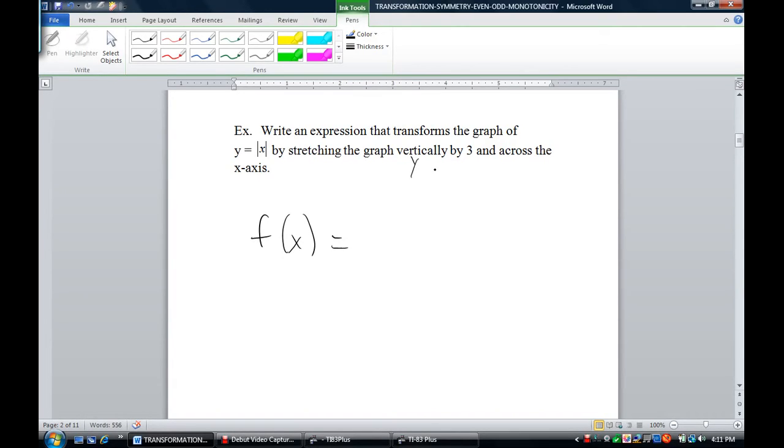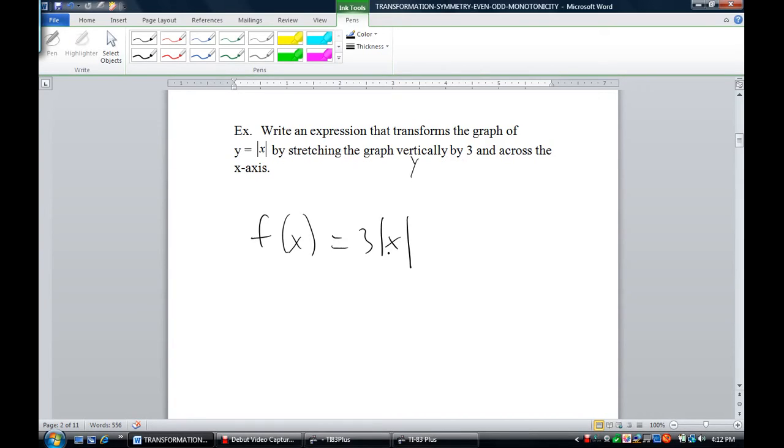With the y's, it's pretty much what you think it's going to do. We take the absolute value of x and stretch it vertically by multiplying all of these y values by 3. Since it's a y, it's on the outside, as you'd think.